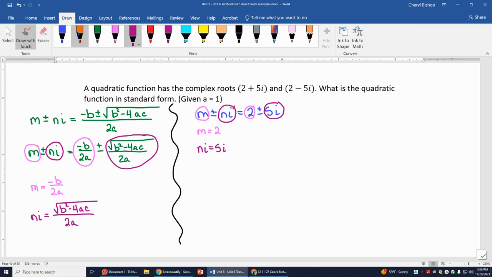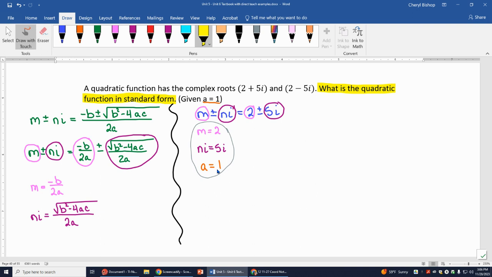And one other thing they told me is that a is equal to 1. This is going to be important in finding our a, b, and c values so that we can write our goal here. In case I didn't specify that, we're trying to write the standard equation, ax squared plus bx plus c.